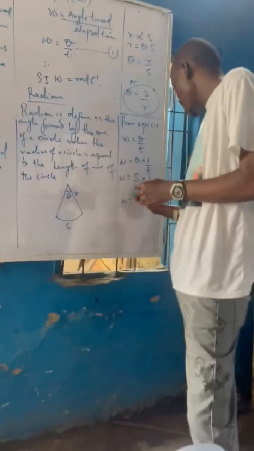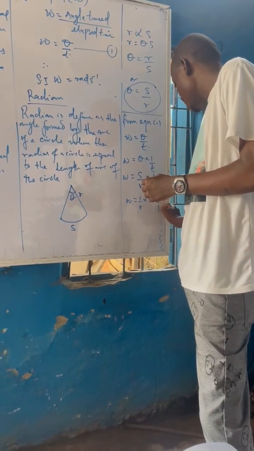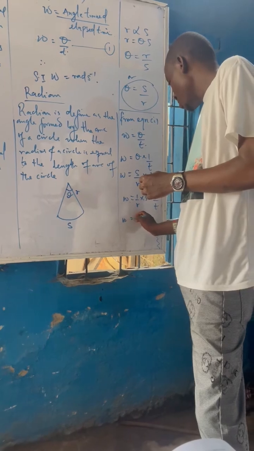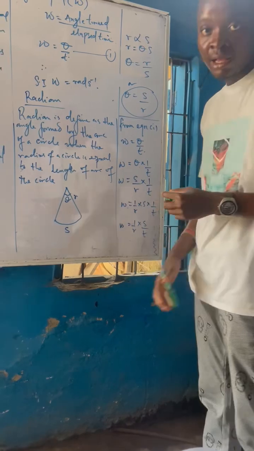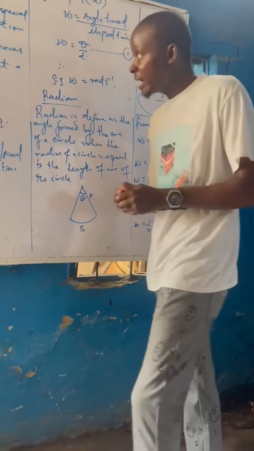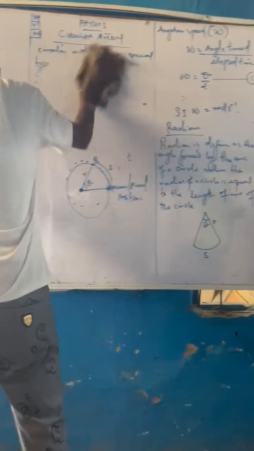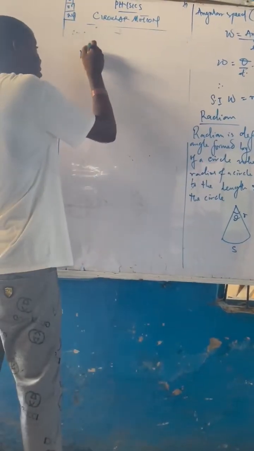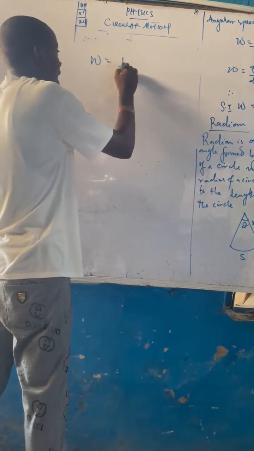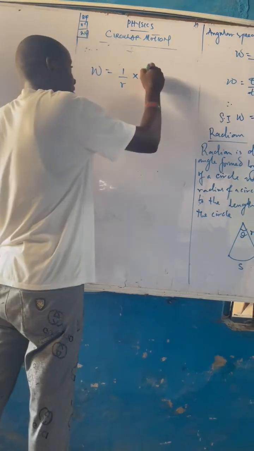So we can have it as 1 over r multiplied by s multiplied by 1 over t, and the angular speed will be 1 over r multiplied by s over t. This is length of arc over time taken. If that is the case, we can say that angular speed is equal to 1 over r multiplied by distance over time, which is velocity.